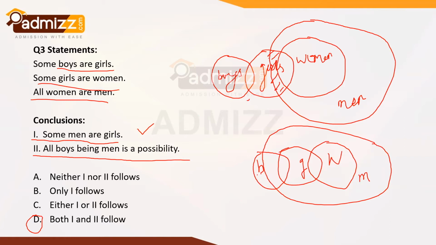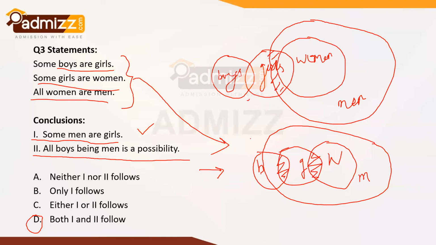Now let's check if this particular case satisfies all the conditions that we are given. Some boys are girls. That's properly implied, since they share an overlap. Some girls are women. That's also satisfied since they share an overlapping region as well. All women are men. That is also satisfied since the set of women is completely within the set of men.